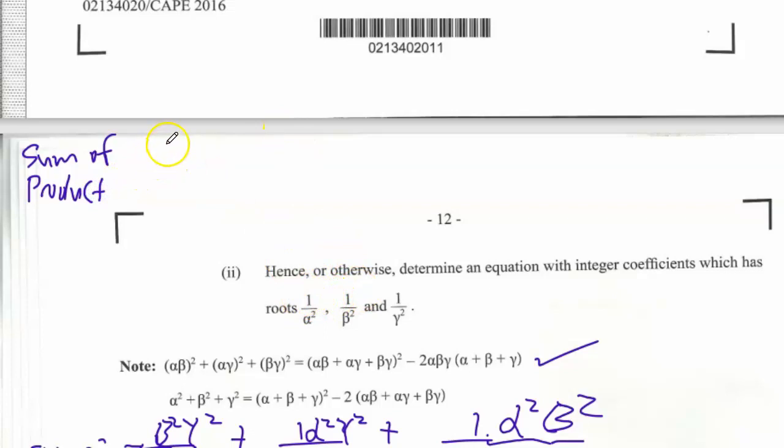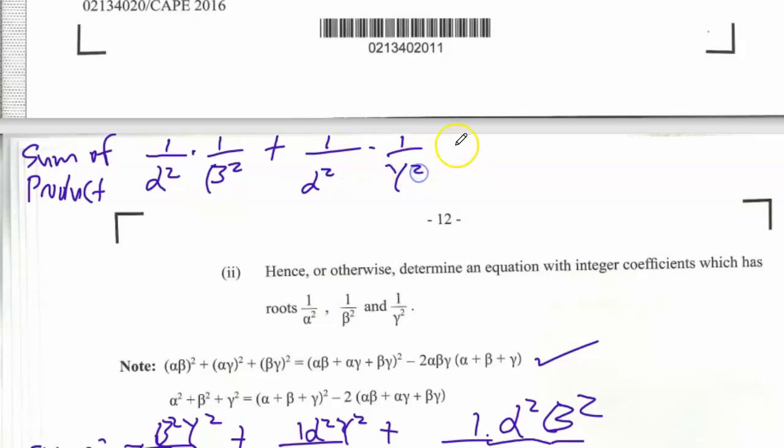So the sum of the products, that's 1 over alpha square times 1 over beta square plus 1 over alpha square times 1 over gamma square plus 1 over beta square times 1 over gamma square.